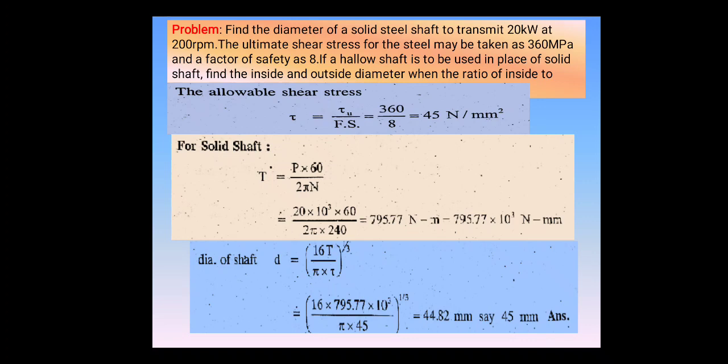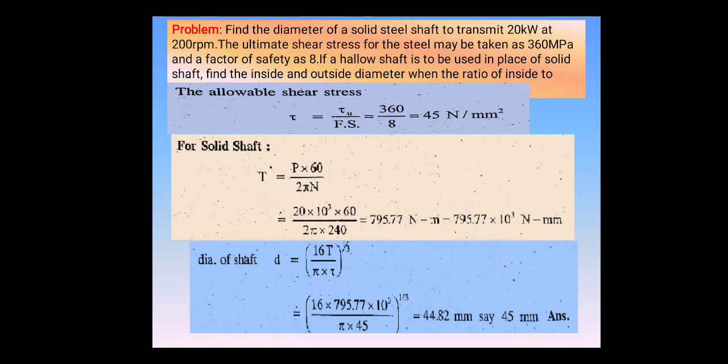Here we need to find the solid as well as hollow shafts diameter. First we have to find the diameter of the solid shaft. For that we need to find the capital T value as well as tau.